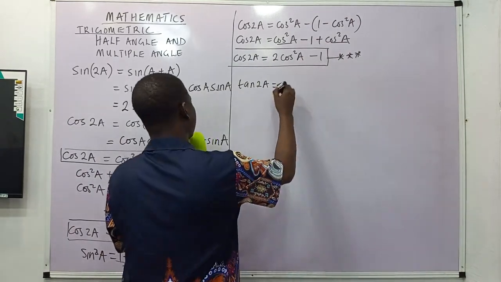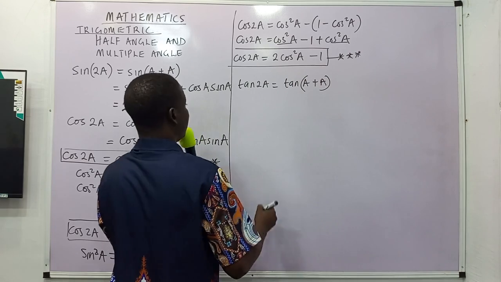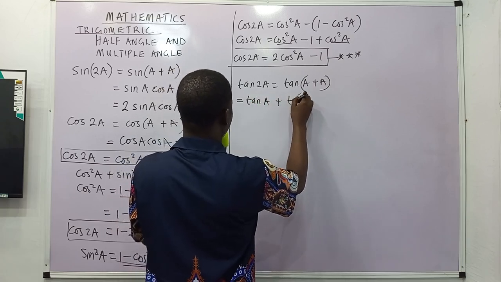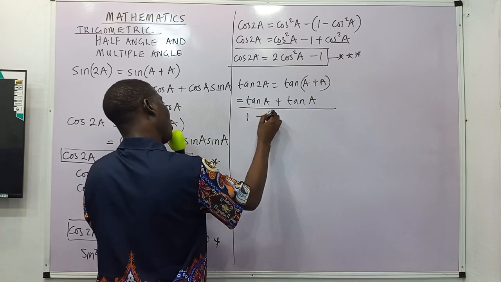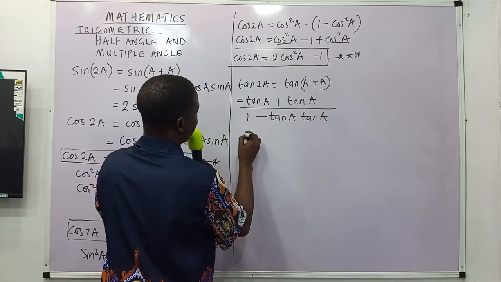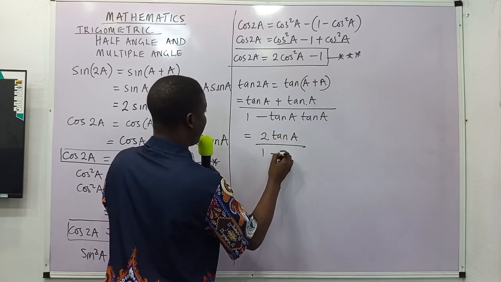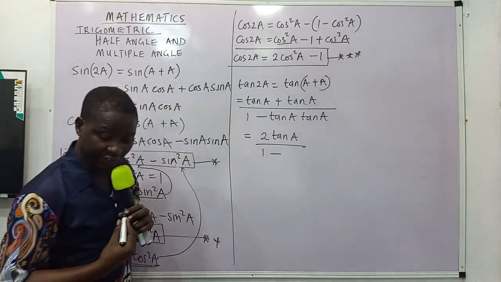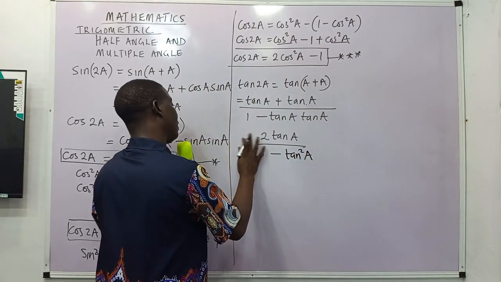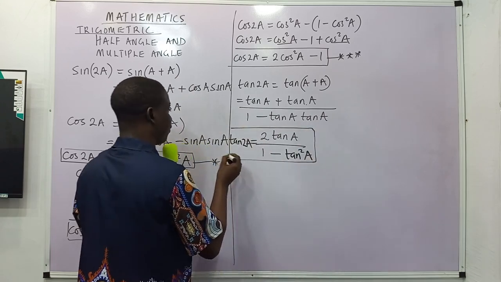Tan 2A is the same thing as tan A plus A. And that will give us tan A plus tan A over 1 minus tan A tan A. So tan A plus tan A is equal to 2 tan A, all over 1 minus tan square A. So we can now conclude that tan 2A is equal to this.